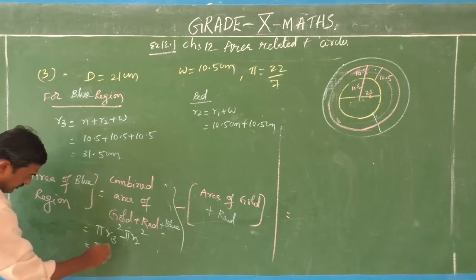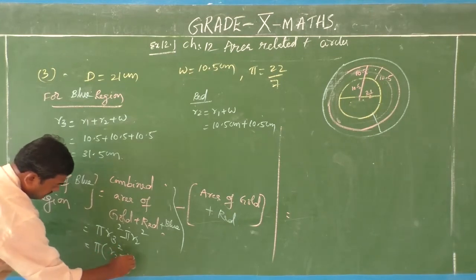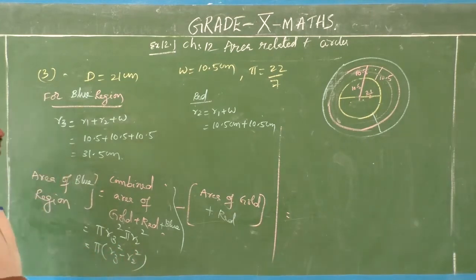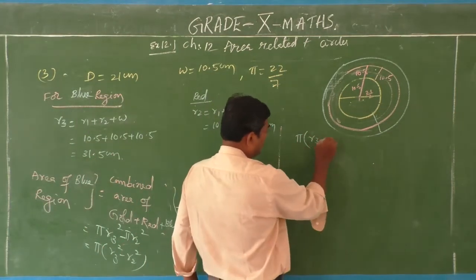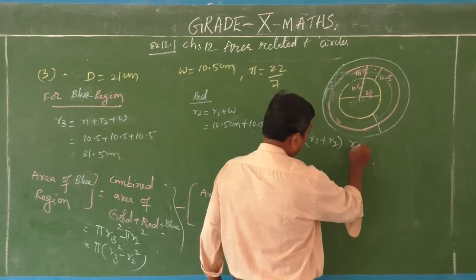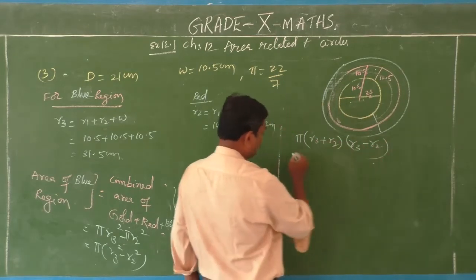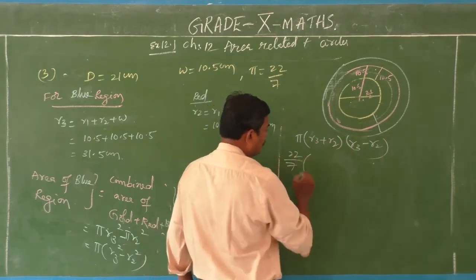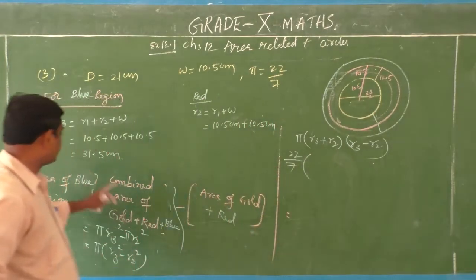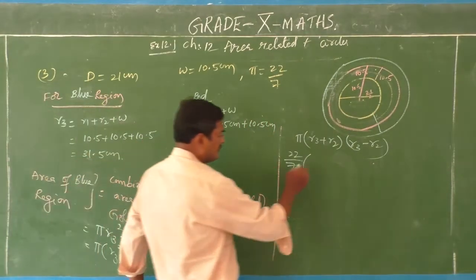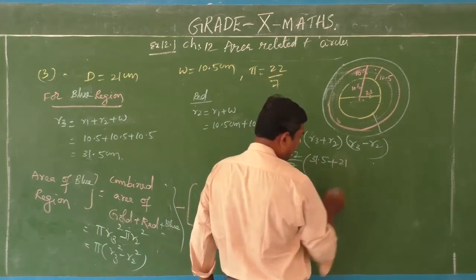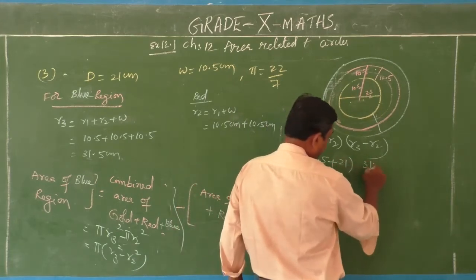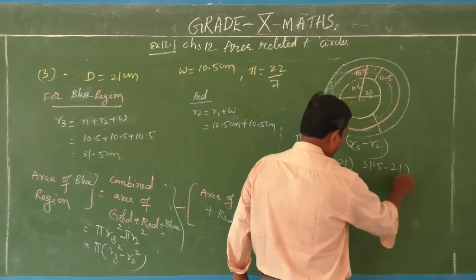Taking pi common, r3 square minus r2 square, that is pi into r3 plus r2 into r3 minus r2. 22 by 7 into r3, which is 31.5, plus 21, and 31.5 minus 21.